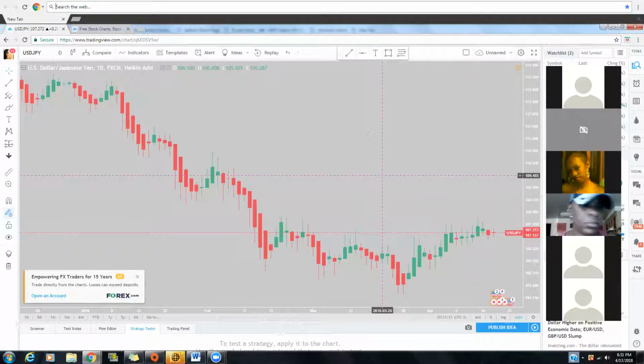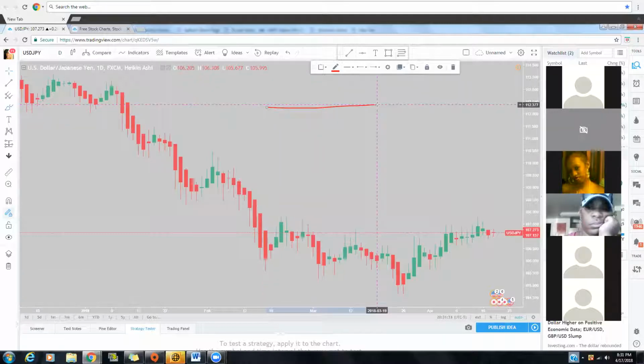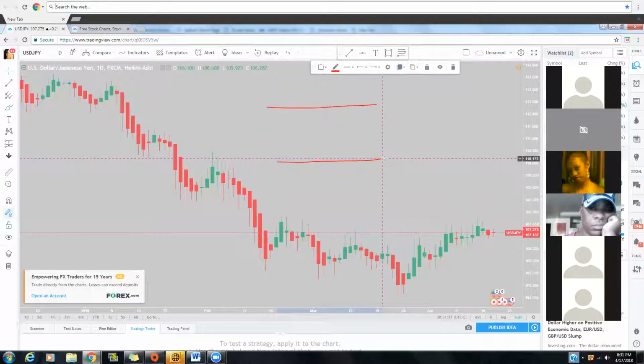So I want to talk a little bit about support and resistance. Support and resistance is like your ceiling and your floor, basically, on your charts. You're looking for where the candles got to a certain level and stopped and changed positions. Noticeable change in direction. So you have your candles that may come in here, and then they will go up, hit it, and then they will reverse down.